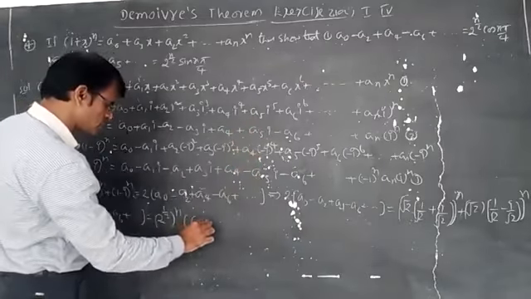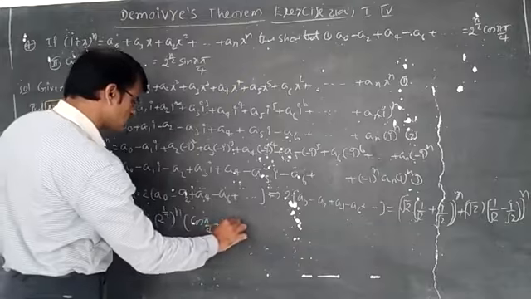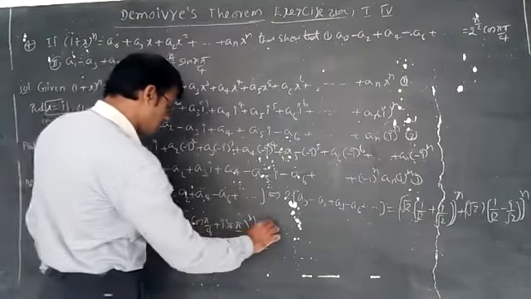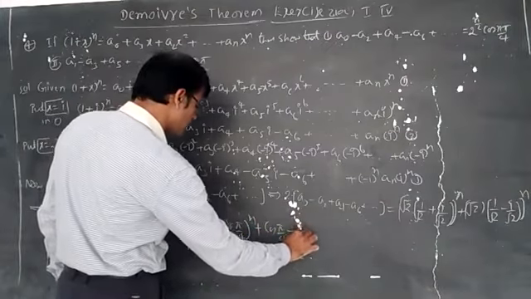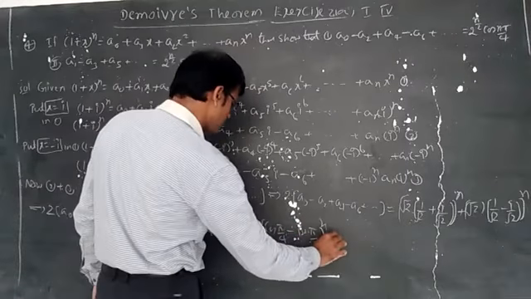You can write here (cos pi by 4 plus i sin pi by 4) whole power n plus (cos pi by 4 minus i sin pi by 4) whole power n.